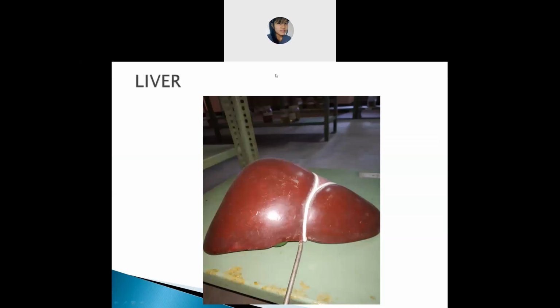Not cardiac, quadrate lobe. Okay. Caudate, only caudate lobe. Okay.